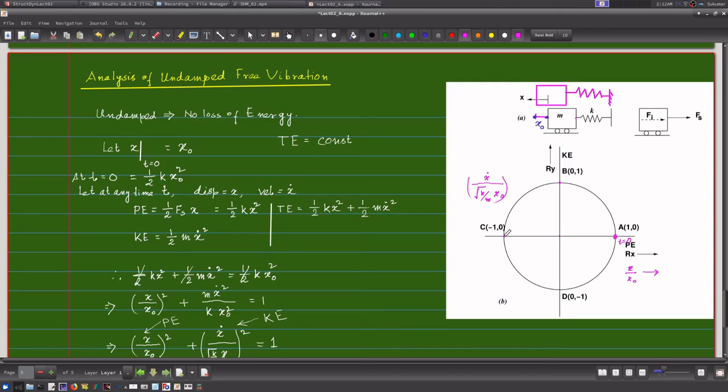So potential energy is again maximum, but now the inertia will be in the opposite direction, so it will again start moving.